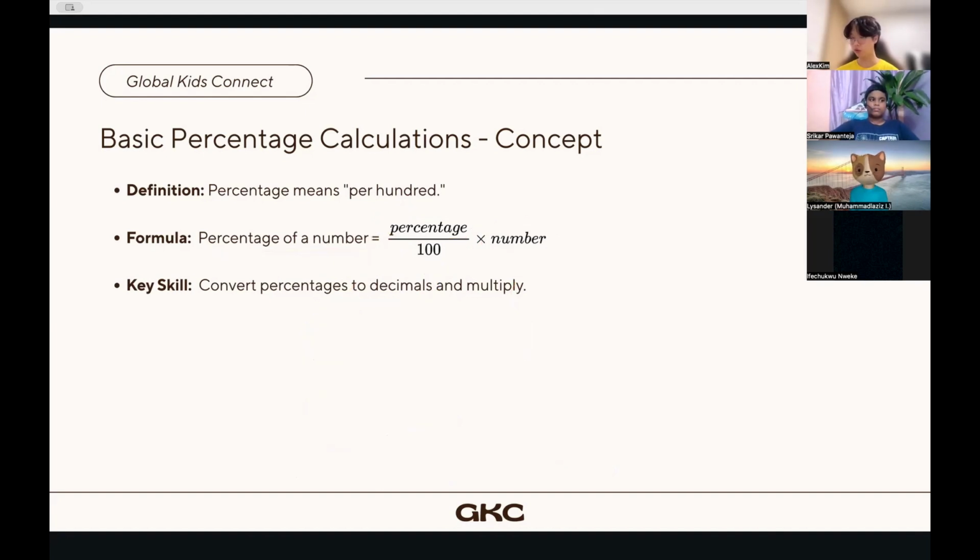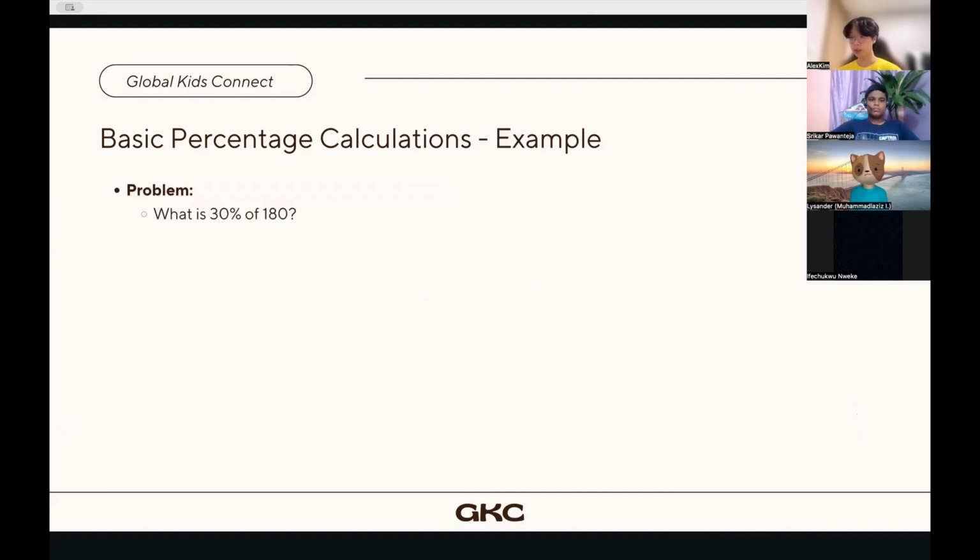We'll go straight into our example question for this concept. What is 30% of 180? Basically the same question as I explained before. The value that we need to find is equal to the number times the percentage on top divided by 100.